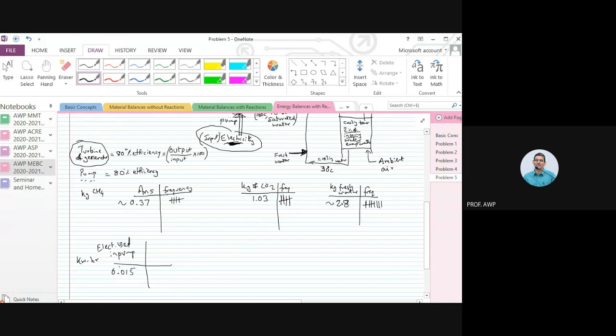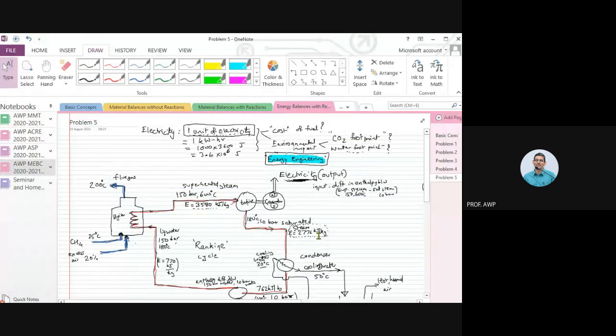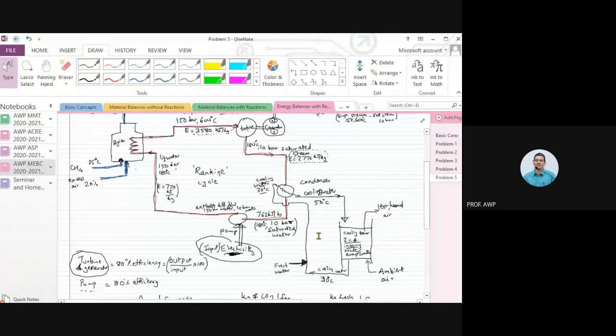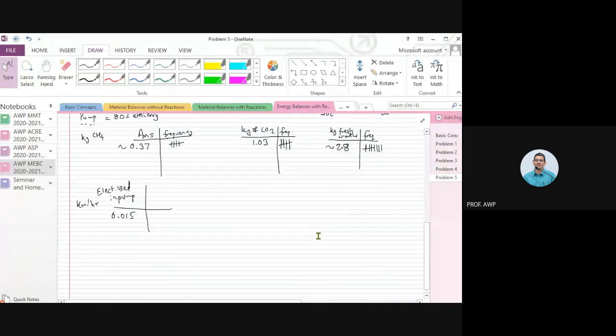Right. So out of the 1 unit that you are producing from the generator, 0.015, that is 1.5%, is used up in the pump. So very, very small. That's how we are producing extra electricity.